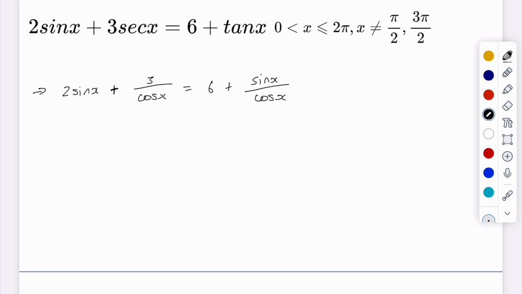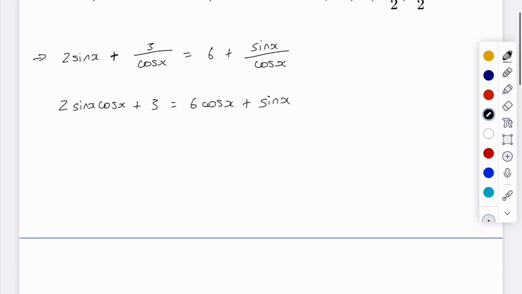Now what's the common denominator? What's the thing we need to multiply by? That's going to equal cos x. So when we multiply by cos x, we get 2 sine x cos x plus 3, because we multiply out, equals 6 cos x plus sine x.